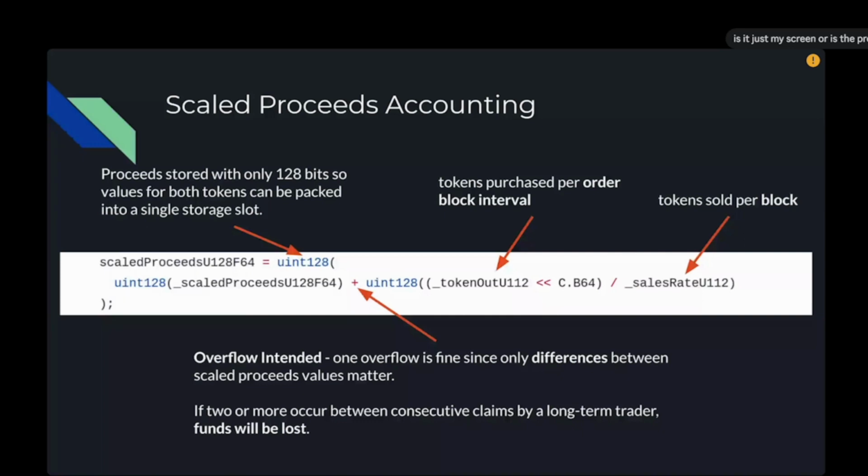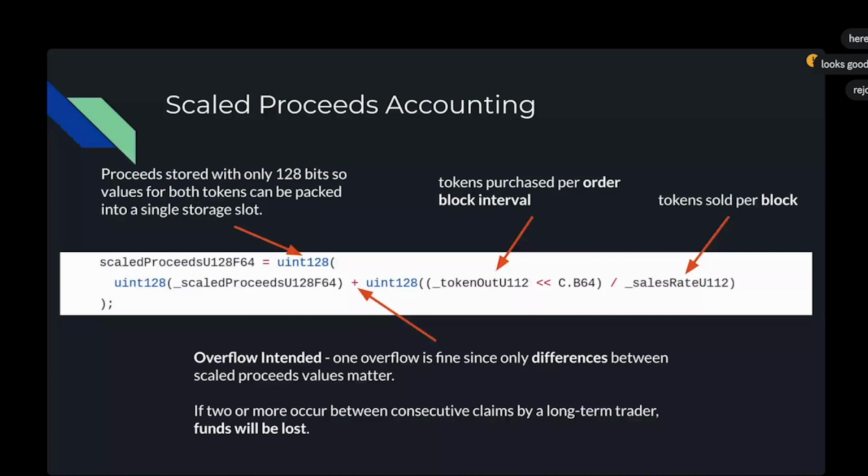Then it gets scaled in the denominator, divided out by the total amount of tokens being sold, to recover some individual's purchase amount. Basically, you take the scaled proceeds whenever they're claiming, minus the scaled proceeds at the start, and you get this difference. You multiply by their personal contribution to the sales rate, and get the number of tokens they've purchased.